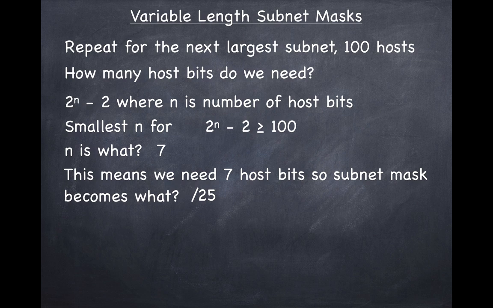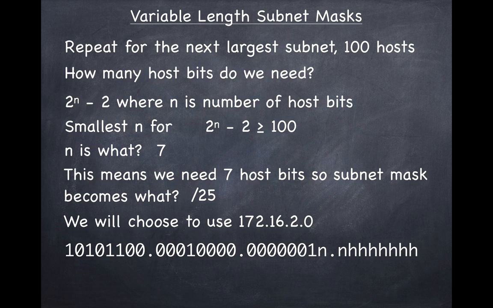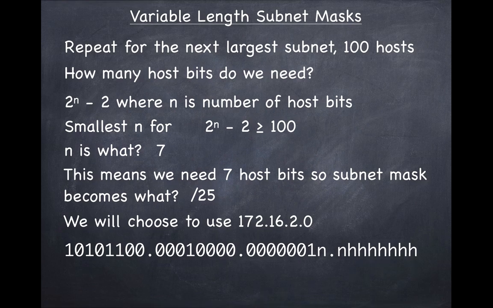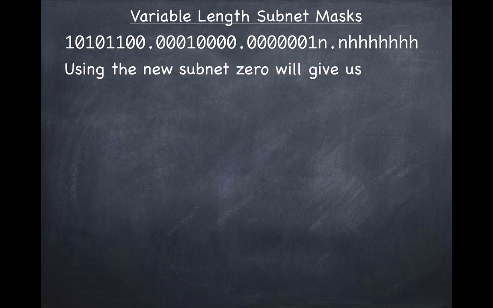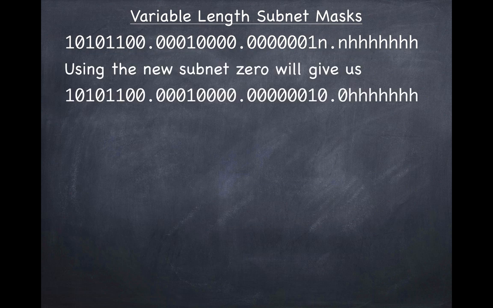So what we do is we choose the next network that we haven't already used, which is 2.0, and basically this is what we have showing the host bits and the network bits. So continuing that on to the next page, we'll be using a new subnet 0. So we'll be setting the 2 network bits to 0, 0, and using that will give us a setup like this.